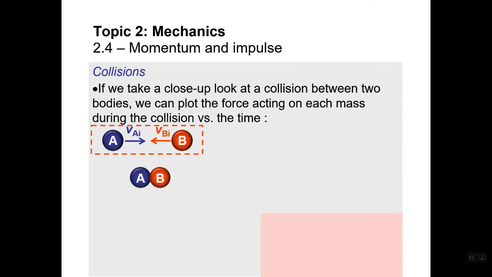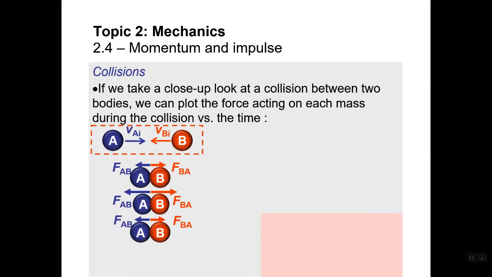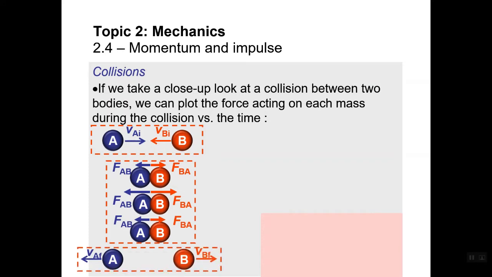Take a look at the magnitude of the force. Newton's third law applies, action and reaction. When they are closer, the force increases. And this is during the phase. And after collision, we have this.